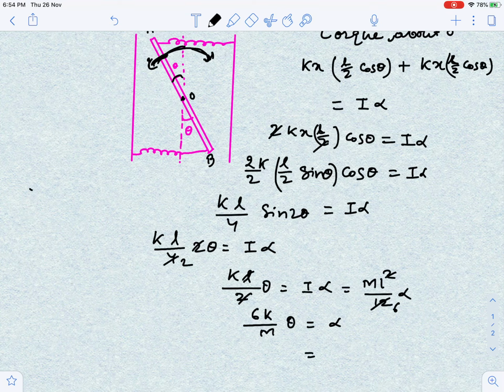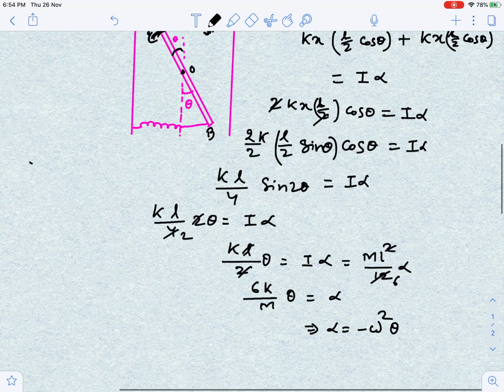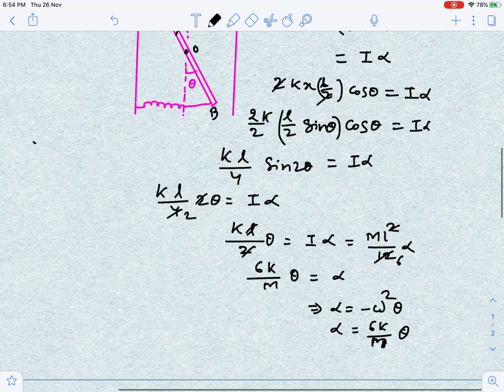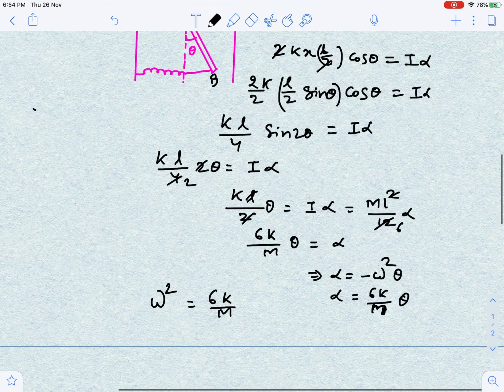And in SHM, alpha is nothing but minus omega square into theta. From the above, alpha is equal to 6k by m into theta. So on comparing, taking modulus on both sides, omega square is nothing but 6k by m.